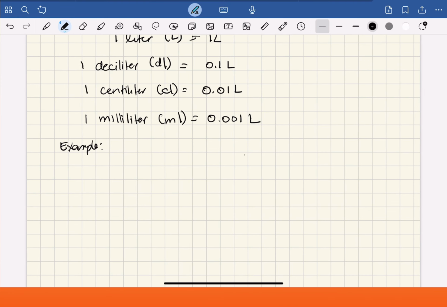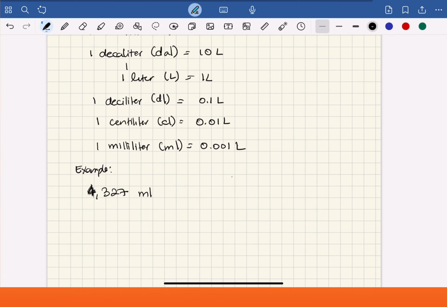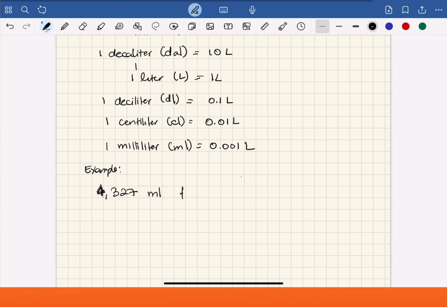So if I say convert 4,327, we'll say milliliters to decaliters.